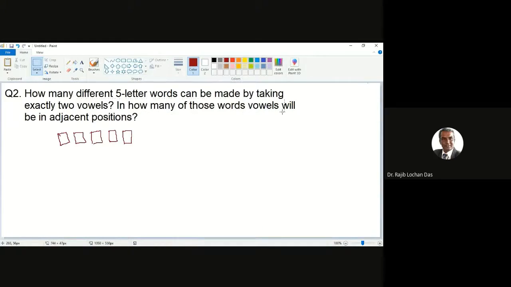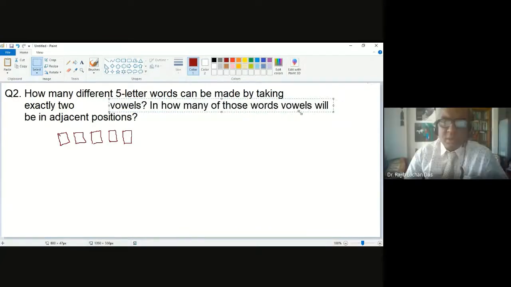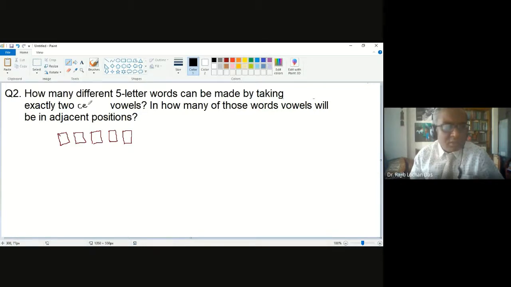Another word is important to write here. Say, exactly two specific or certain. Okay, two certain vowels. Why is it written here?